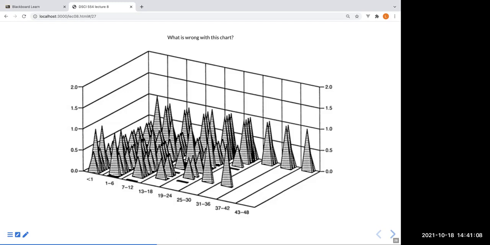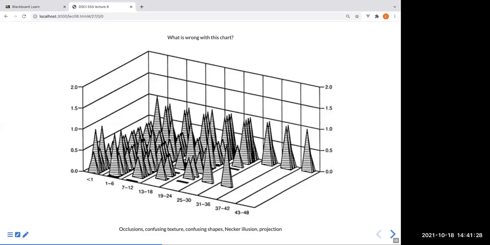So in this one, there are several things that are done incorrectly. Can you see them? I don't know if I put the answer. Yeah, I put the answer in here.